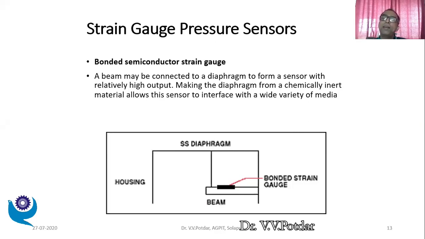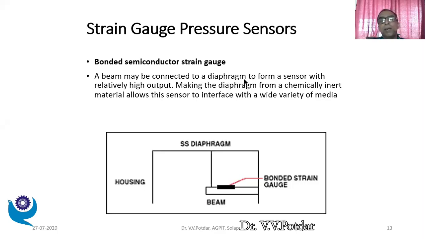So output voltage is correlated with resistance change. Now this resistance change is correlated with strain change, is correlated with stress change, is correlated with bending moment, is correlated with, as the length is known, applied force, and the applied force is correlated with applied pressure. So this is how the signal is transmitted.